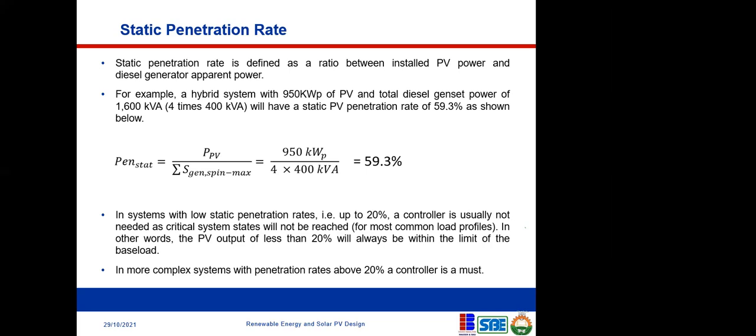Question, sir. If you say that a system that has less than 20% does not need a controller, and you already have a system where, maybe by reason of ignorance, the person had installed a controller, does it have an automatic way of bypassing itself so the system continues?